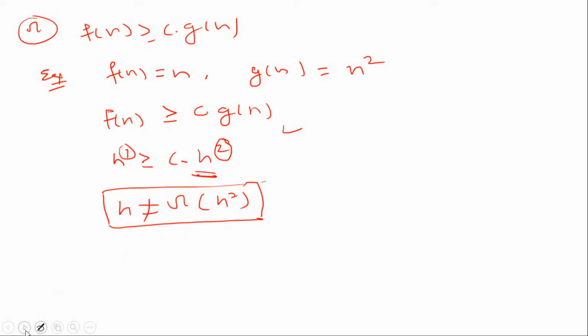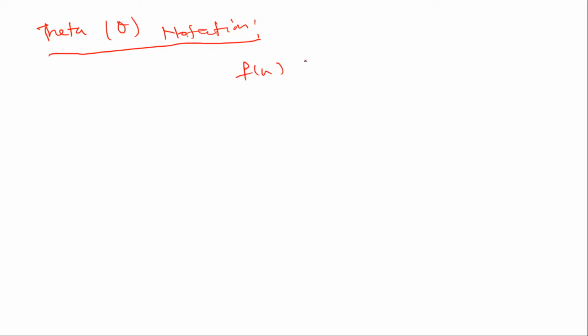Now next move to the theta notation. The condition for theta notation: f(n) = Theta(g(n)).